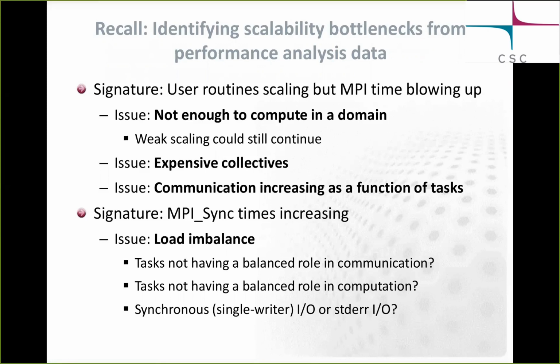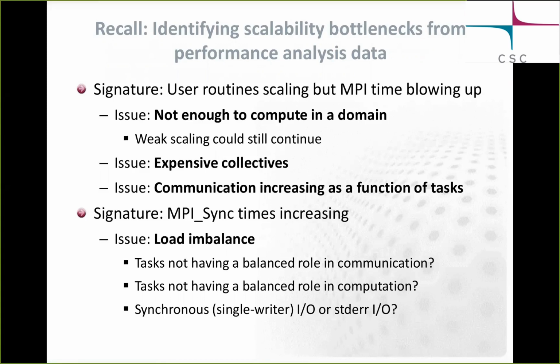Also, it can be that you just run out of things to compute. So the MPI time is not in an absolute sense blowing up, but the proportional time becomes too expensive, so the code just stops scaling. It's a natural point of scalability, and there's not much you can do anymore with the given problem size, the given algorithm, and the given implementation.